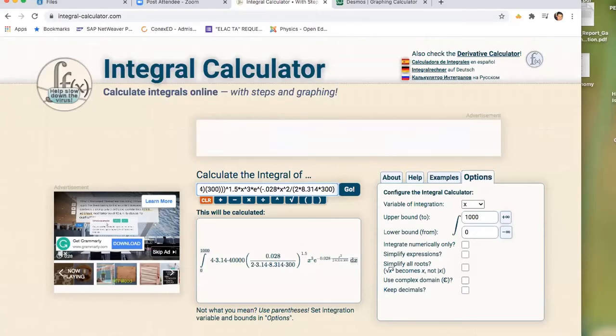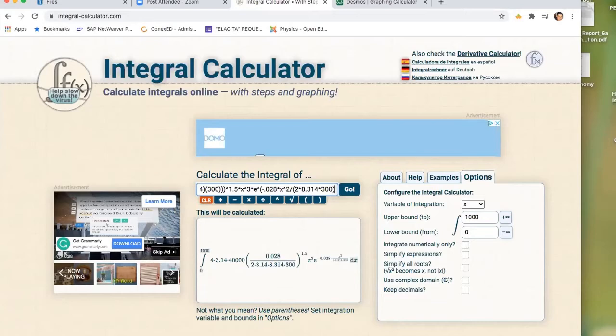Is that right? 0.028. Yeah, I think that should work.